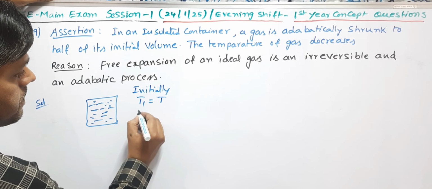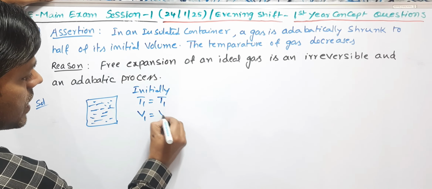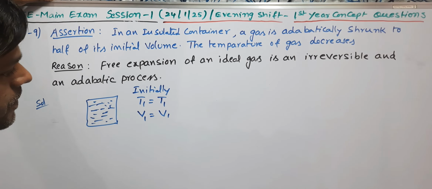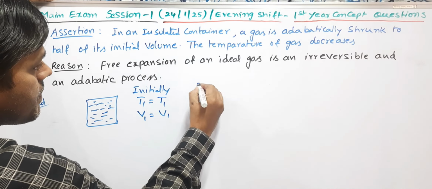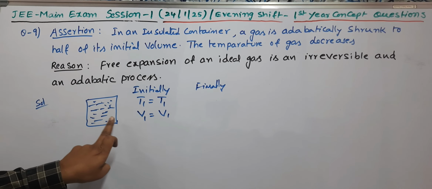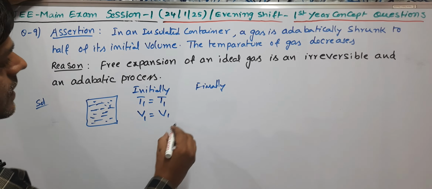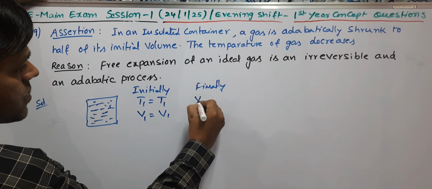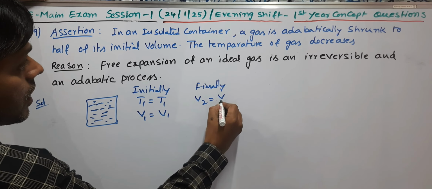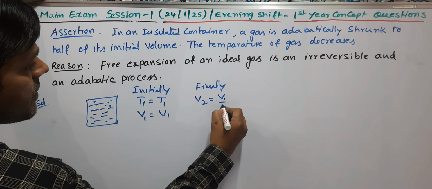T1 is equal to T. Volume V1 is equal to, say, V1, for example. Now what happened finally? The gas inside this insulated container is suddenly shrunk. So its volume V2 is equal to half of its initial value. That means V1 by 2.